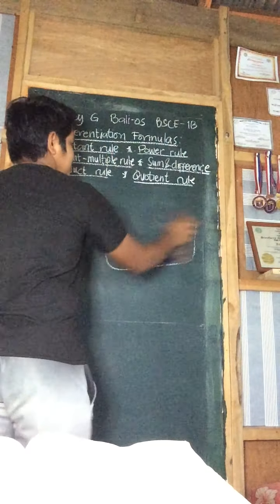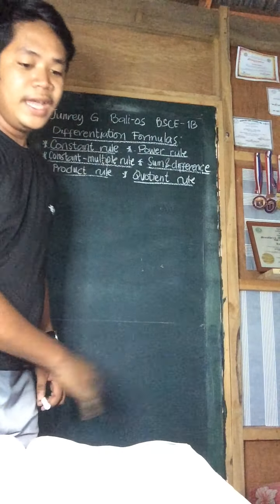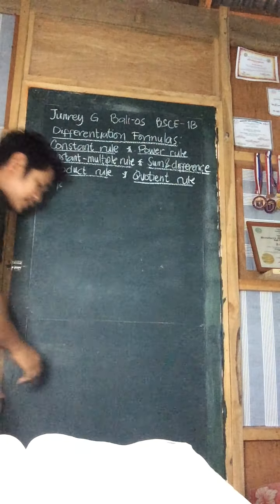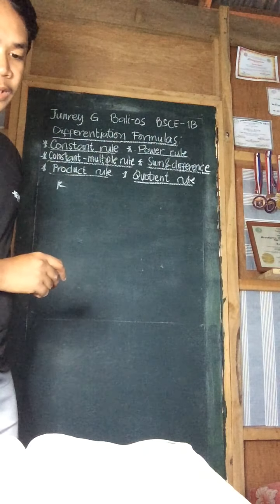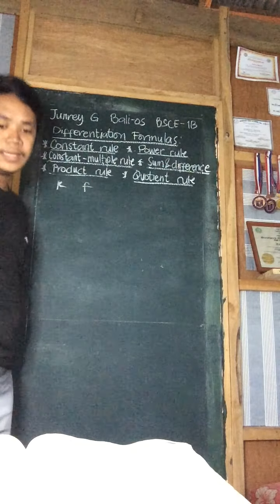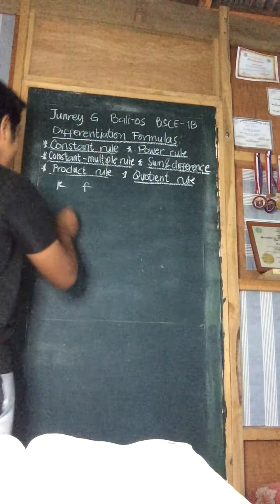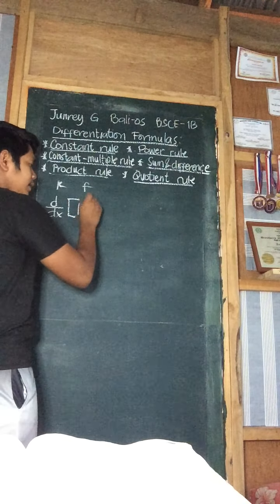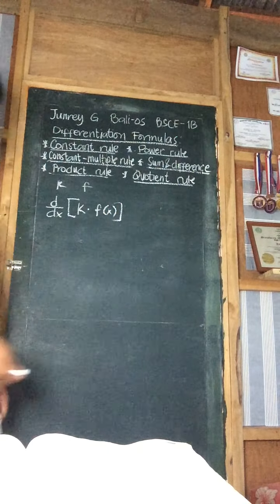Next, we have the constant multiple rule. The constant multiple rule: if k is any real number, that k is constant, and f is differentiable, then the formula of this constant multiple rule is d over dx, the derivative of k times the function f of x, is equal to k times the derivative of f of x.